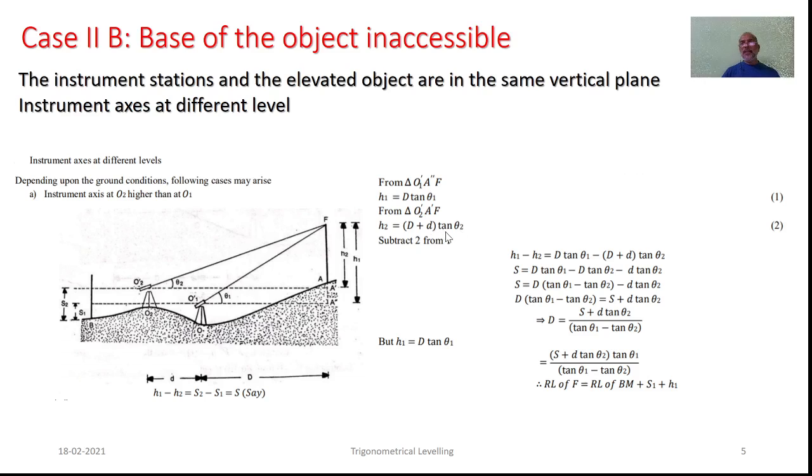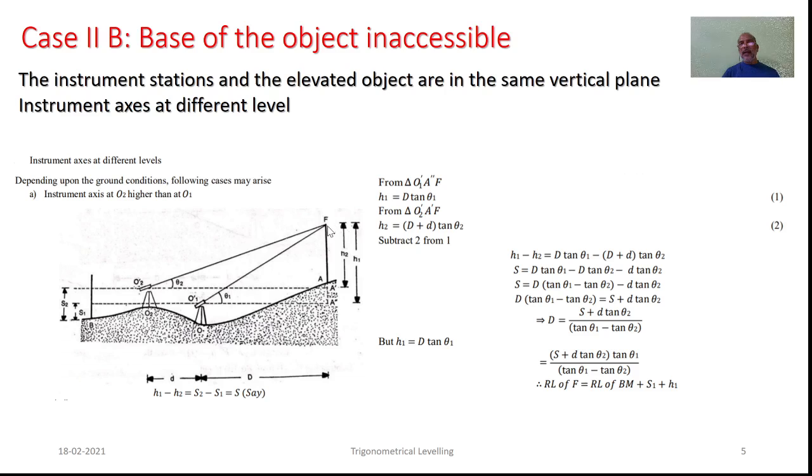As we subtract expression 2 from expression 1, we get h1 minus h2 is equal to d tan theta 1 minus d plus d tan of theta 2. Hence, this s can be expressed as d tan theta 1 minus d tan theta 2 minus d tan of theta 2. Hence, as we solve for this capital D, we get the expression s plus d tan of theta 2 divided by tan of theta 1 minus tan of theta 2.